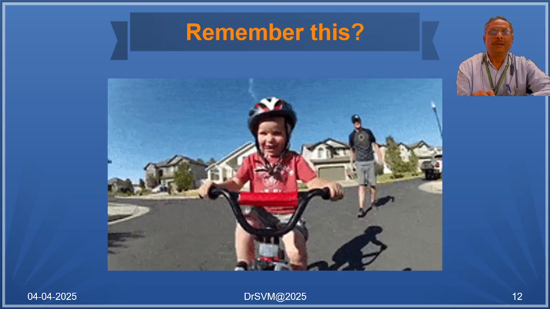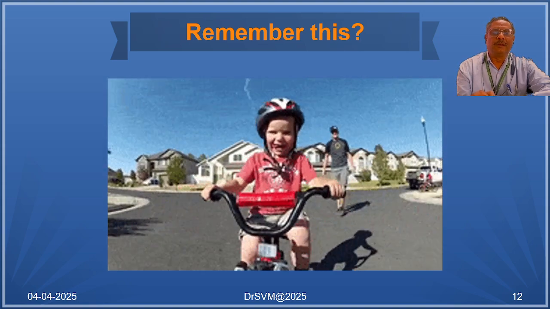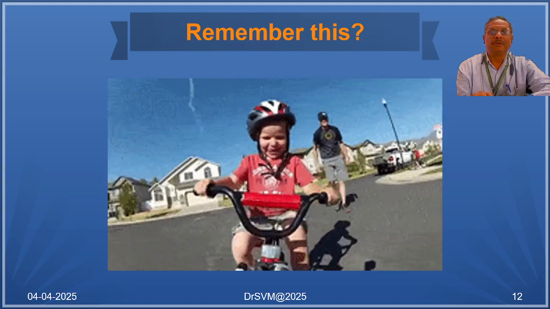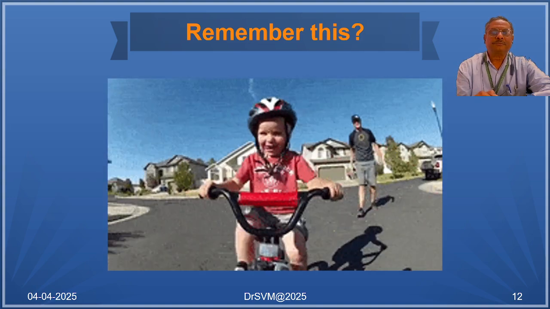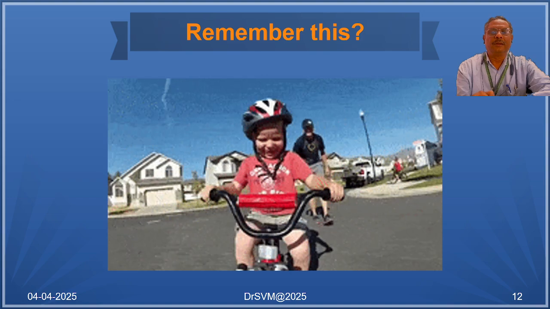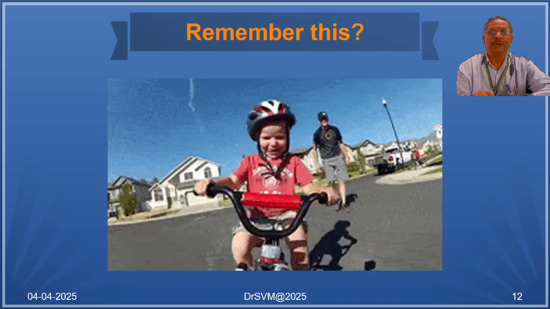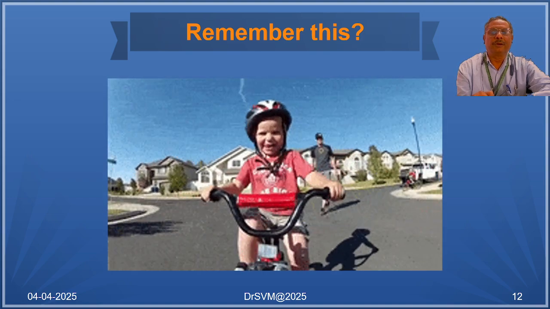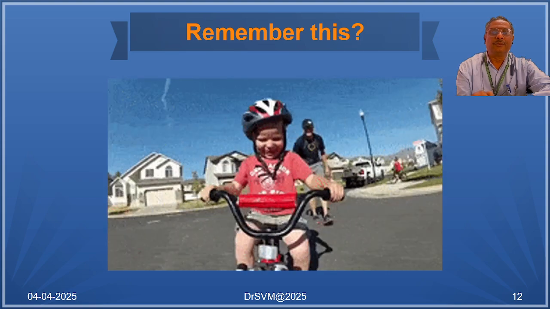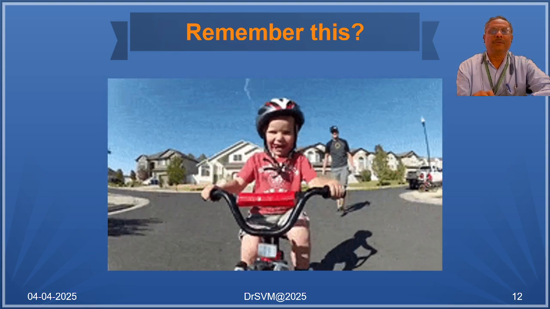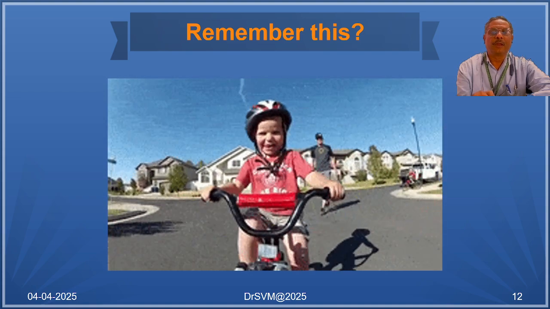And if we make some mistake, then we fall and get hurt. So on one side there is something like a reward, and on the other side there is something called punishment. We fall if we do something wrong, and if we do something right, we continue to ride for a longer period. So we feel happy, we feel proud, and all that.